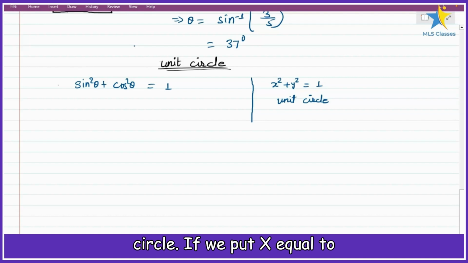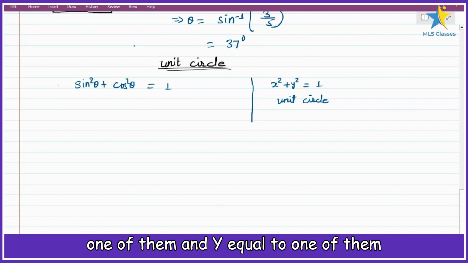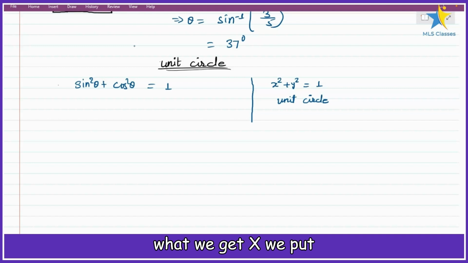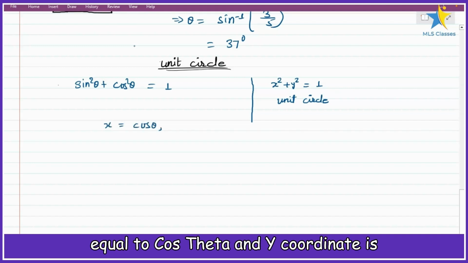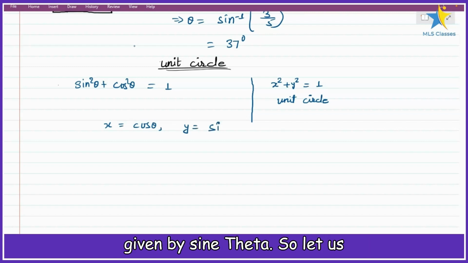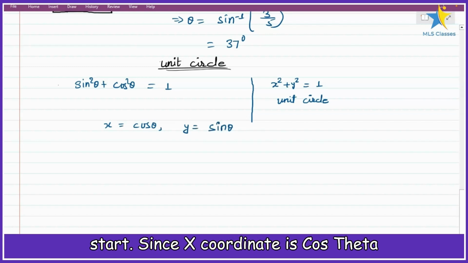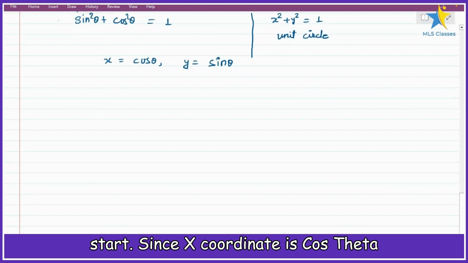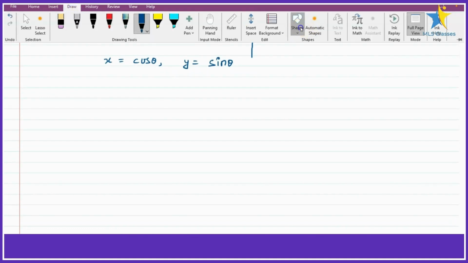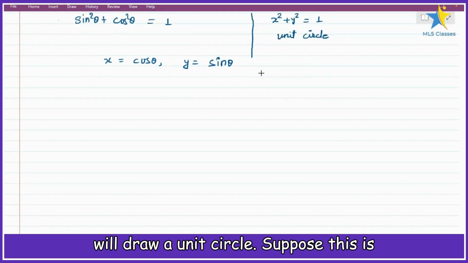If we put x equal to one of them and y equal to one of them, then you will be getting this one. So we put x equal to cos theta and the y coordinate is given by sine theta. So let's start. Since the x coordinate is cos theta and the y coordinate is sine theta, we will draw a unit circle.